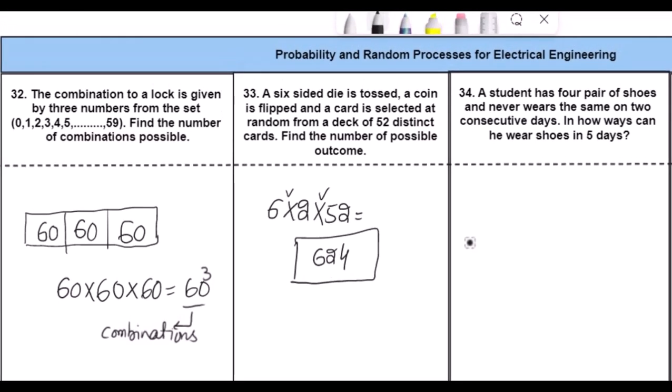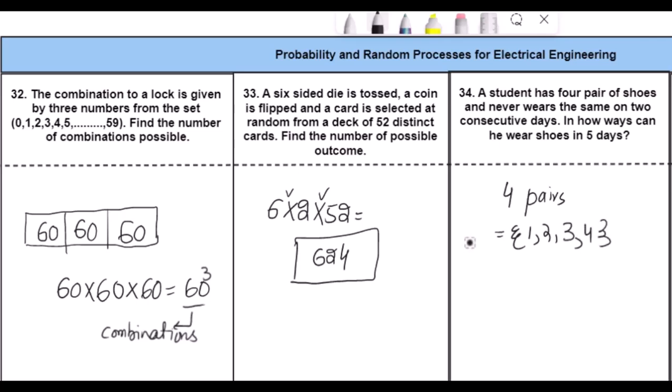Okay, similarly in problem 34, a student has 4 pair of shoes and never wears the same on 2 consecutive days. In how many ways can he wear shoes in 5 days? So he has 4 pairs, and let me write those pairs like 1, 2, 3 and 4.